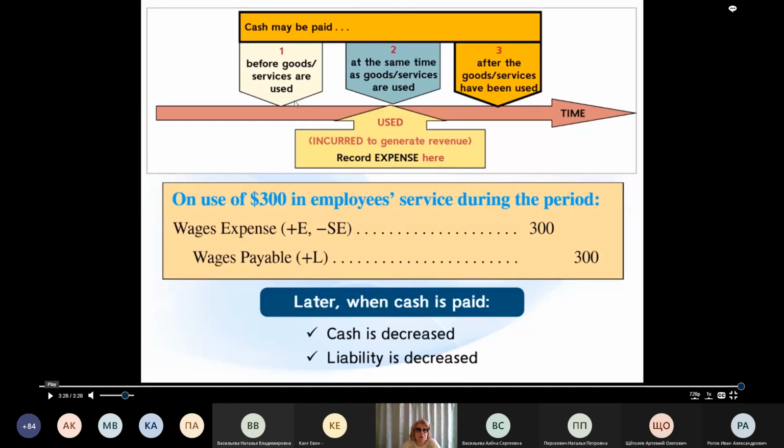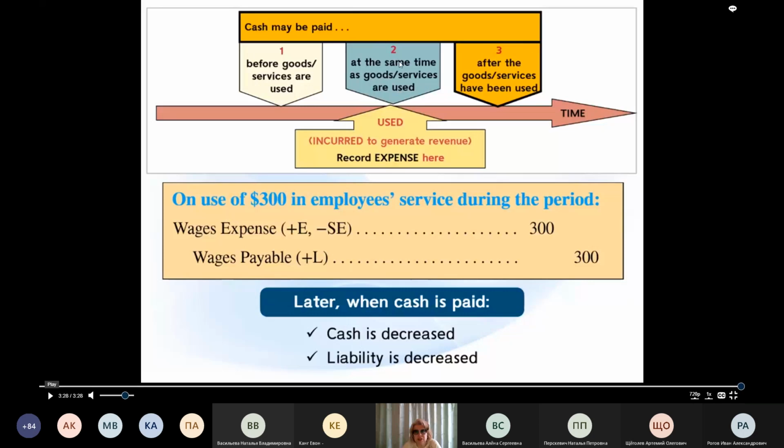And after that, when we consume, when we use this kind of asset in the business, we should write it off from the balance sheet and recognize it as an expense account in the income statement. For example, in the case of inventory, when we deliver this inventory to the customers, we should recognize the cost of goods sold in the income statement and write off inventory from the balance sheet.